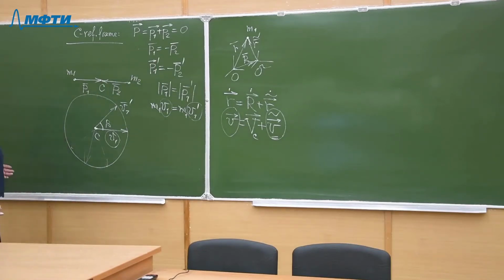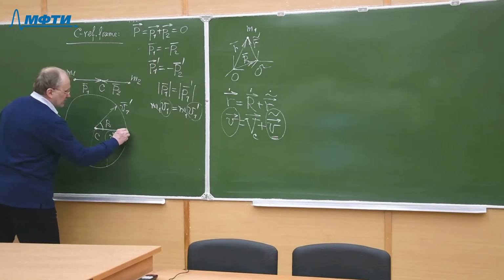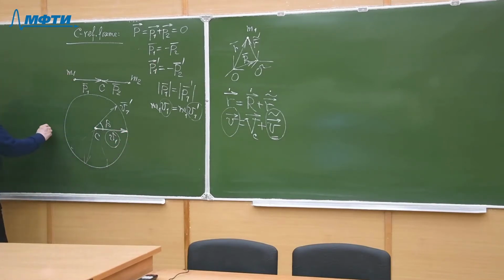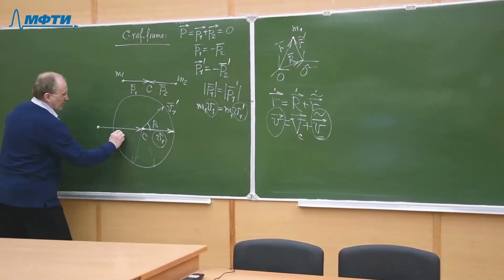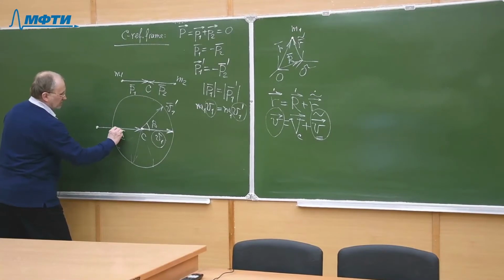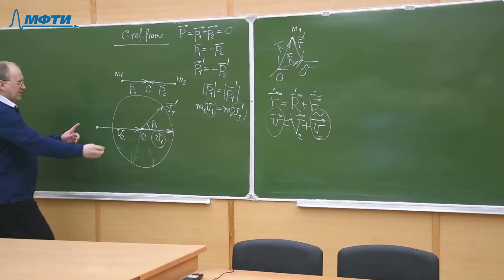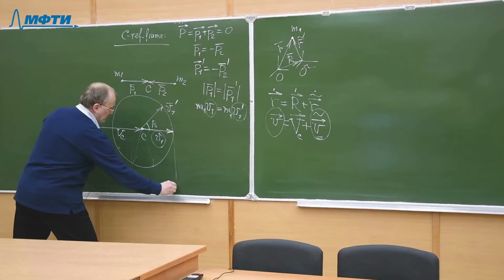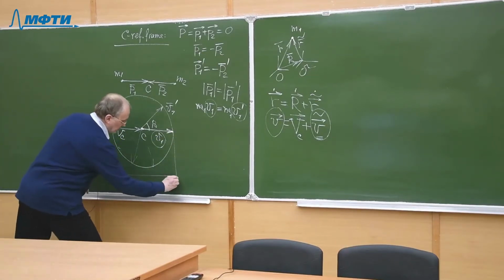How to add vectors we know very well. For example, how to add a vector to this vector v1. We have to draw the vector which is the velocity of the center of mass here, and that will be that vector. I show it here separately.